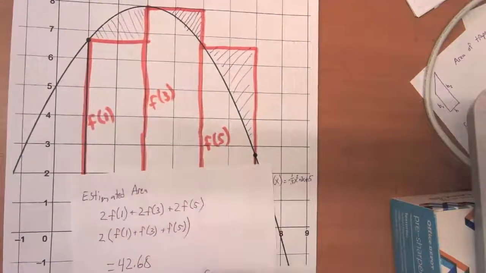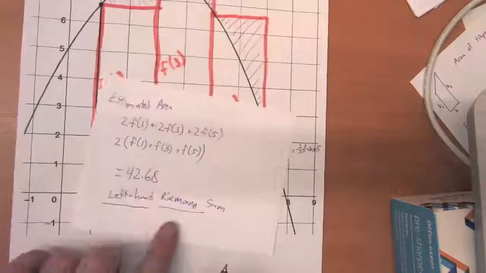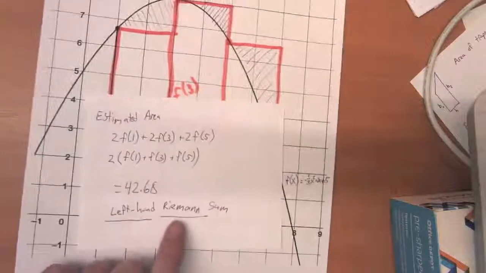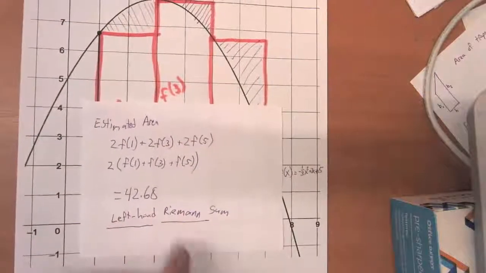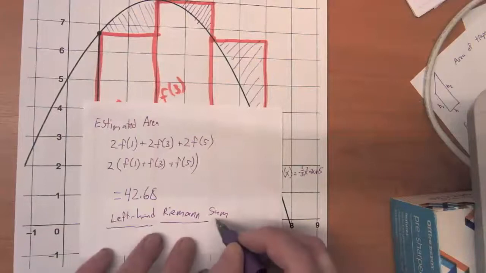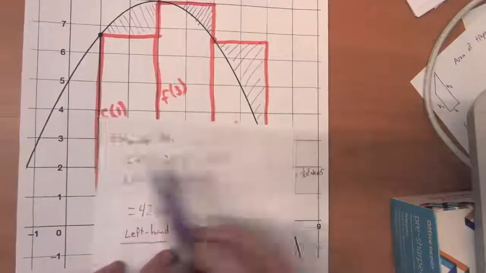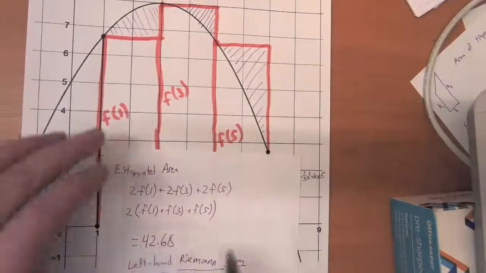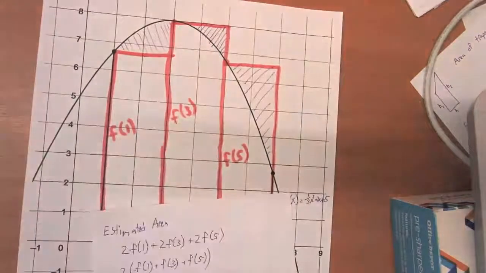Riemann is named in honor of Bernhard Riemann, who is a German mathematician who did a lot of work in formalizing this notion of using calculus to take areas, and sum because we're adding up a bunch of rectangles. So we're using this Riemann sum to estimate the area under a curve.